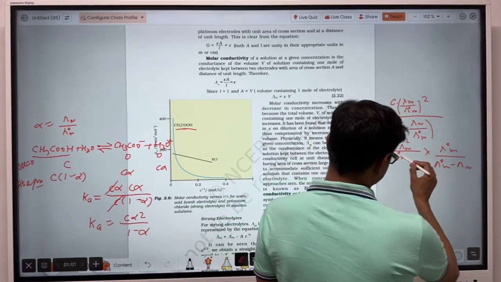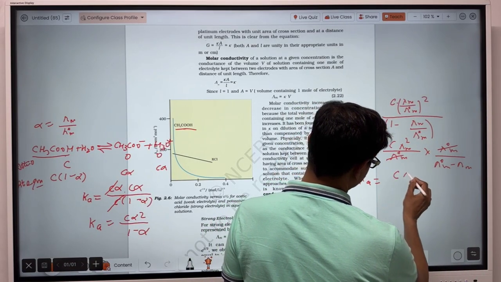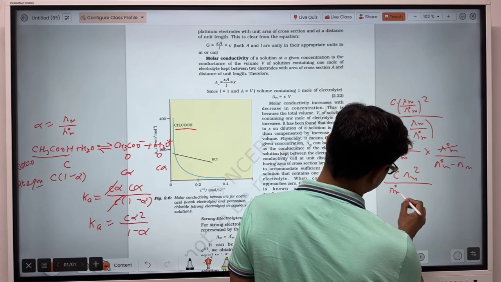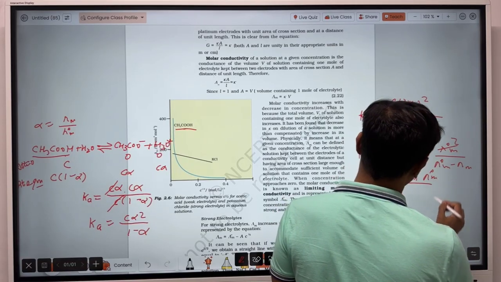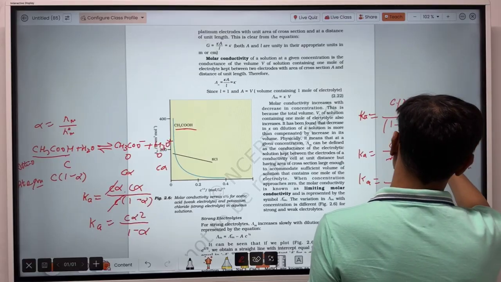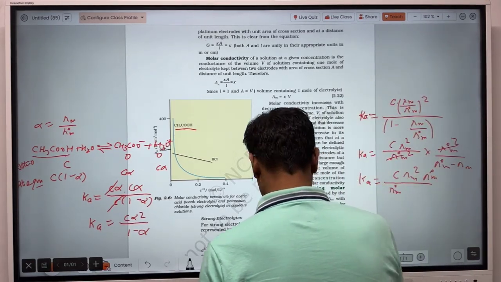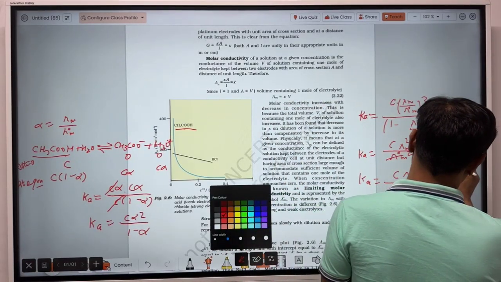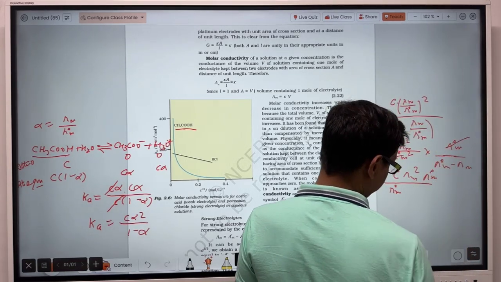Here lambda degree m and lambda degree m can be cancelled out. So Ka will be equal to C lambda m squared upon lambda degree m. Just a moment here. Lambda m upon lambda degree m, C lambda m squared upon lambda degree m squared, and one lambda degree m goes into the numerator, so lambda degree m and this one cancel out.